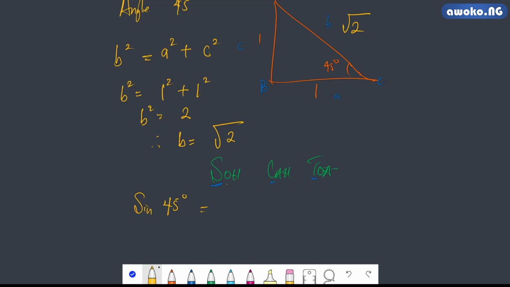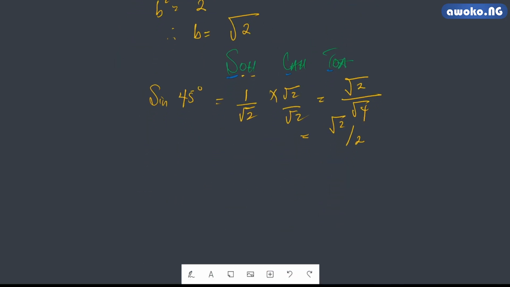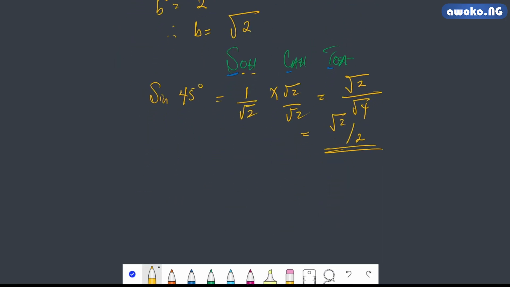This O stands for opposite, while H stands for the hypotenuse. So sine 45 degrees is opposite, which is 1, over root 2. And by rationalization, if you want to rationalize this, you multiply by the denominator. So this will give us root 2 over root 4, which is equal to root 2 over 2. So that is the special angle sine 45 degrees.